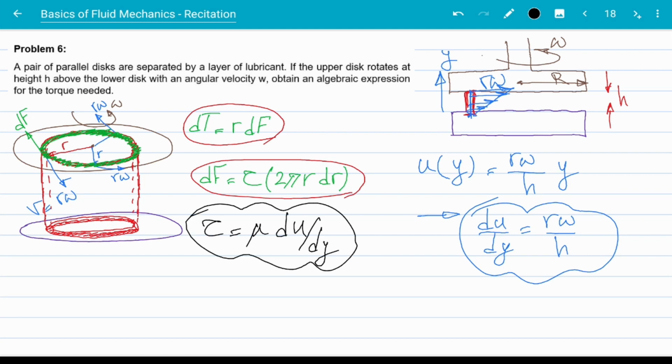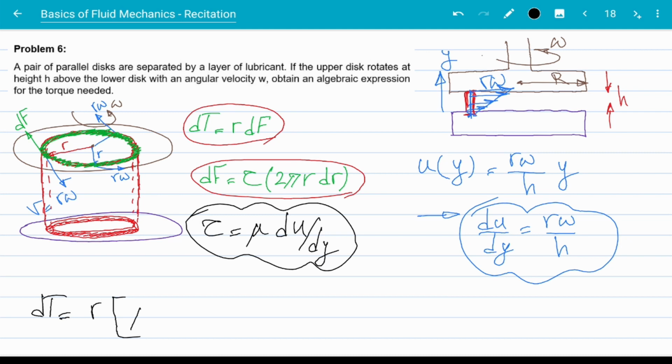So I have four equations and I can combine them all together to achieve a single expression. So dT, the amount of torque, is r times, I'm going to combine everything together to find dF. dF is tau.